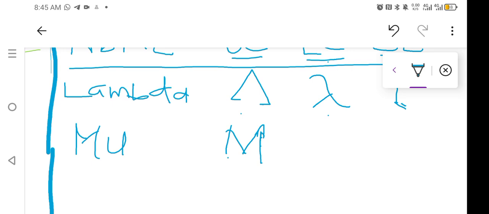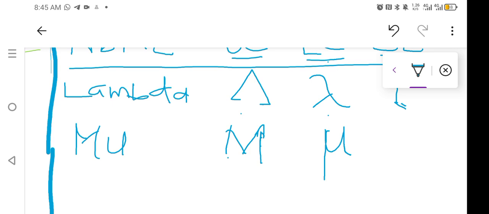In the lowercase, think of writing the English small letter u, but this has a base on the left side that protrudes, going underneath. So that is how mu is.